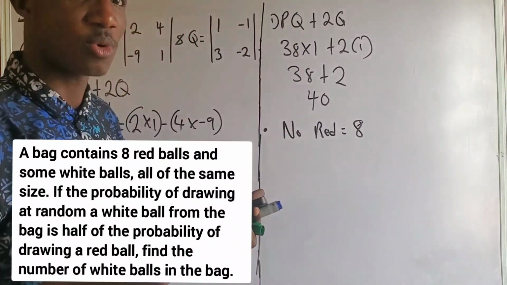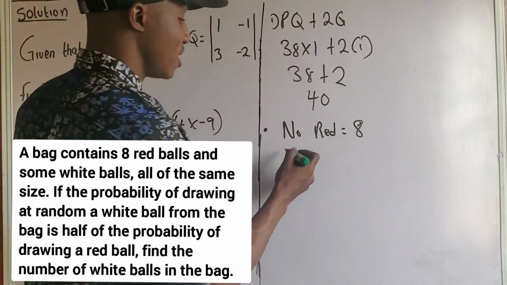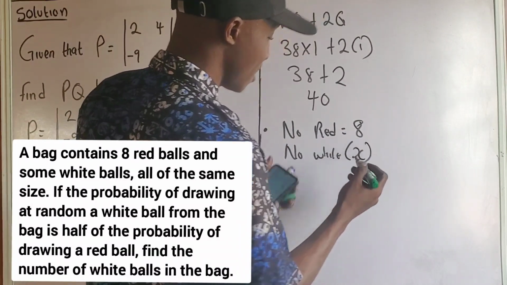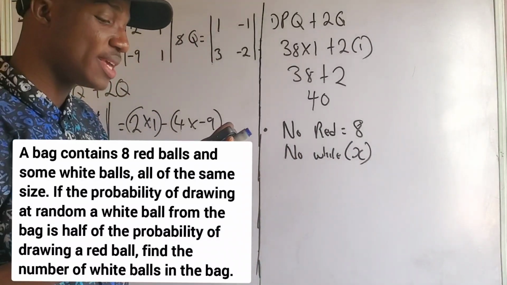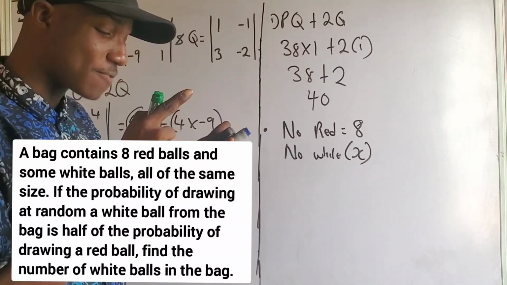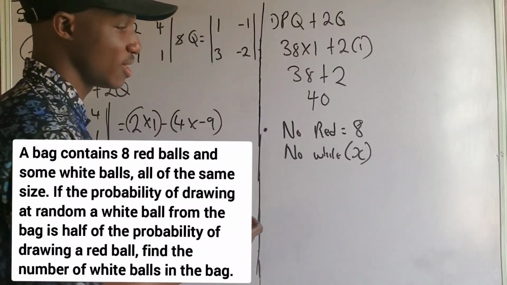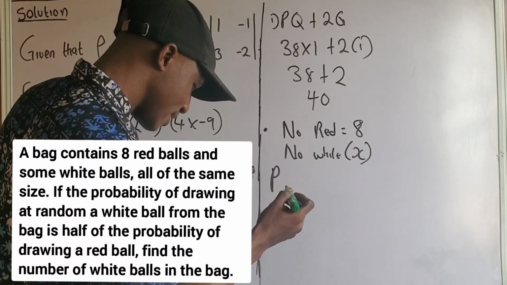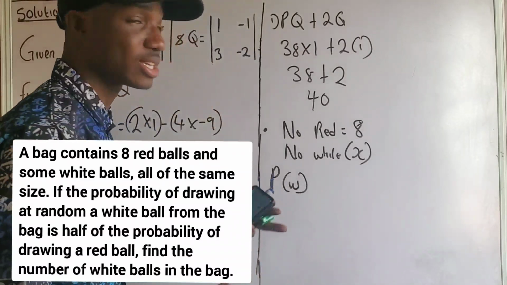We don't know the number of white balls. Do you understand? So let us represent the number of white balls as x. So the number of white balls, let it be x. From the question, we are given that the probability of drawing at random a white ball from the bag is half the probability of drawing a red ball from the bag. Now listen, the probability of drawing a white ball, let's represent W as white.